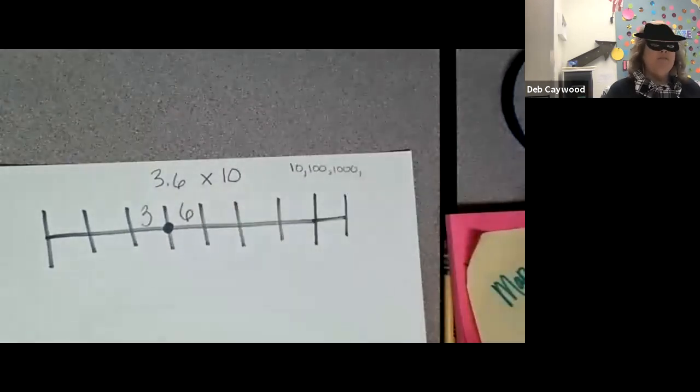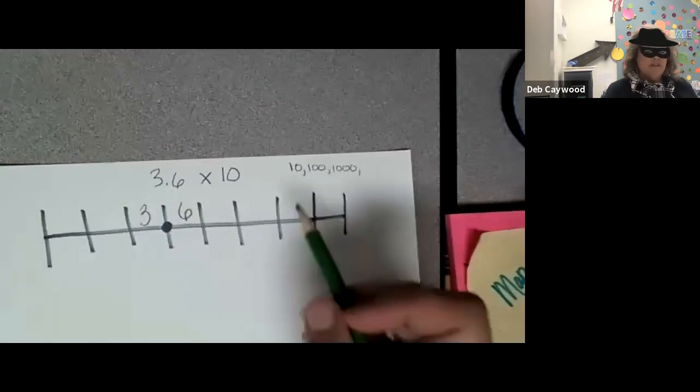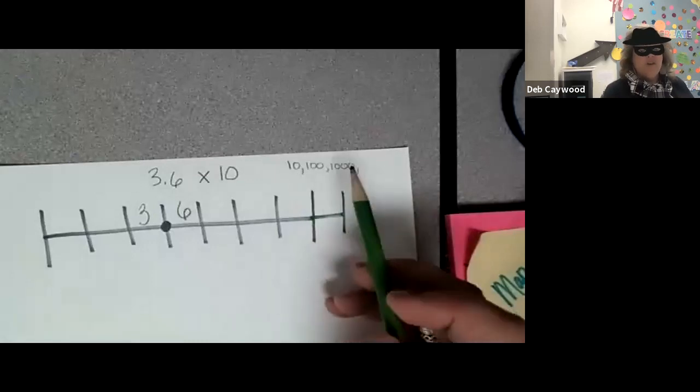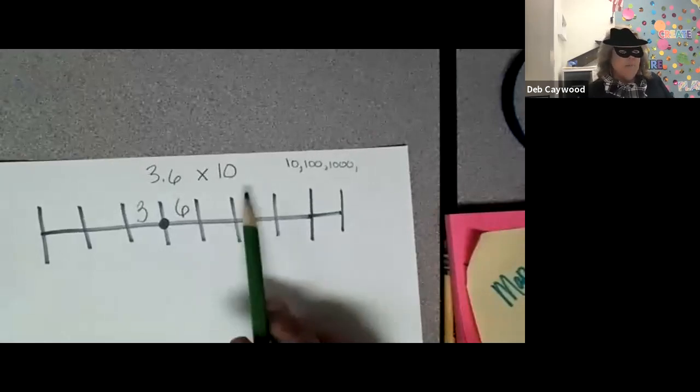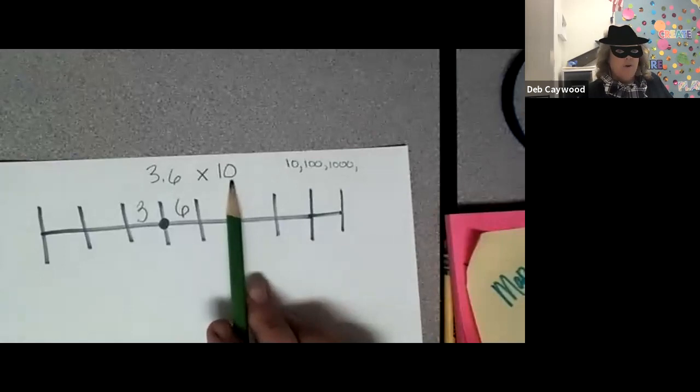So it has to be like a 10, 100, 1,000. And for 5th grade, we're really going to focus on tens, hundreds, thousands. So what we're going to do is look at the number of zeros in the power of 10. And that's how many places to the right we are going to move our decimal point.